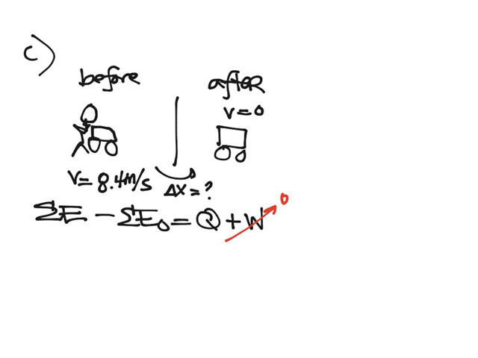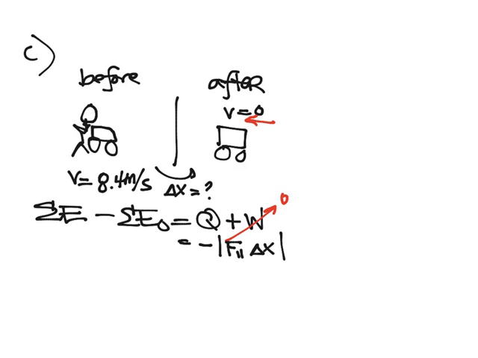And in general, our heat is equal to negative F parallel, the friction force, times delta X. If we look at our before and after picture, in our after picture, it's not moving, because our velocity is 0.